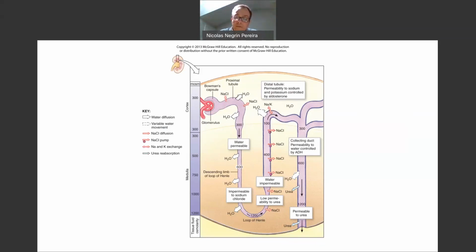That's why diuresis is the term we use for the excretion of water in urine. So if we have a high antidiuretic hormone, this hormone will produce the saving of water, so it will produce a more concentrated urine.